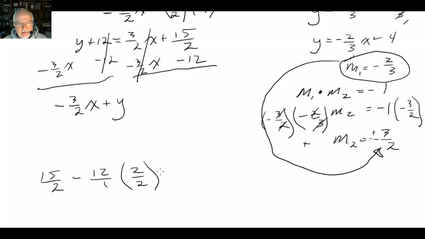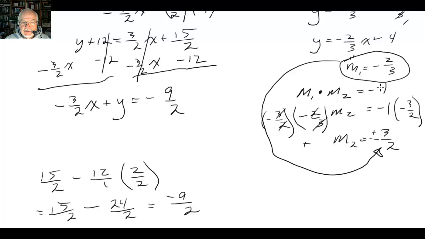So I get 15/2 minus 24/2. I have the same denominator, so I can proceed with my subtraction. 15 minus 24 is -9, so that equals -9/2.